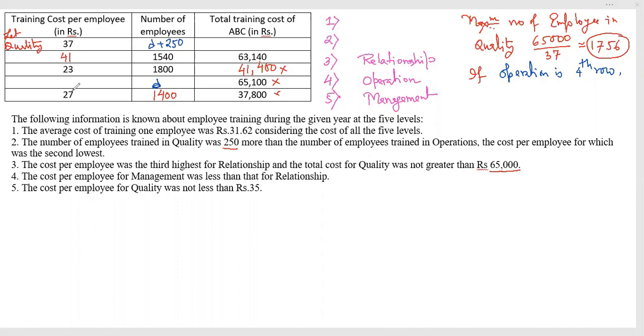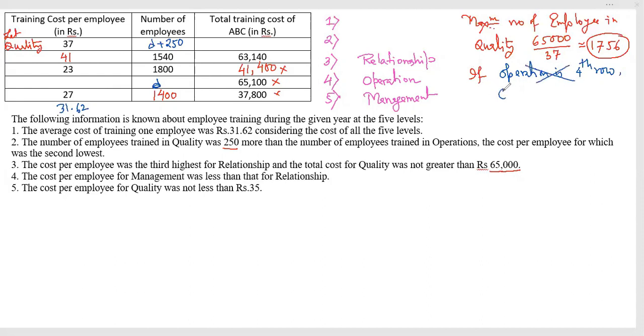At that time we will go on calculating the value of the average, because the average is given as 31.62 total average. If I go like that, I can find that D would be much higher, and the calculations will give more than 50. So definitely this cannot be. So our operation fourth row is not allowed.